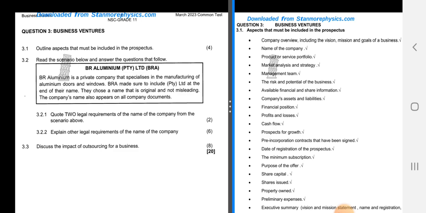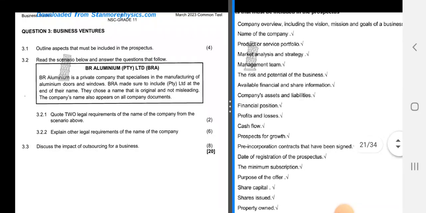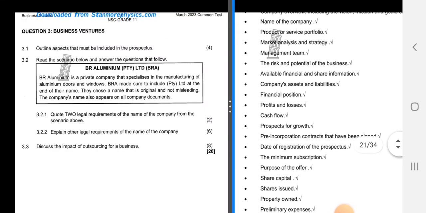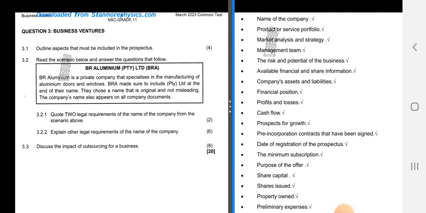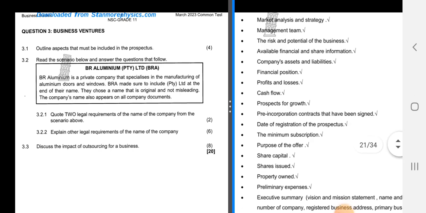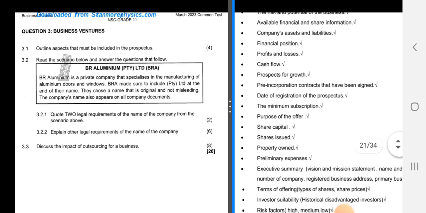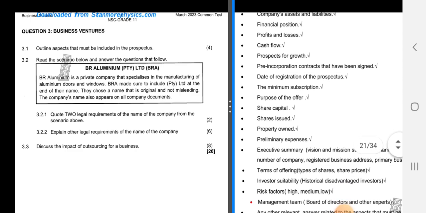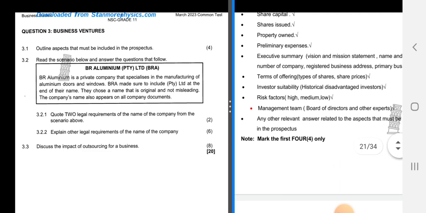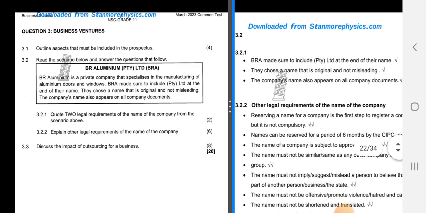It's 4, so you just need 4 aspects: the company name, product or service portfolio, market analysis and strategy, management team, the risk and potential of the business, availability of financial and share information, the company's assets and liabilities, financial position, profit and losses, cash flow, prospects of growth, share capital, share issued, property owned, preliminary expenses, executive summary. You see, those are all the things that are required in a company's prospectus.